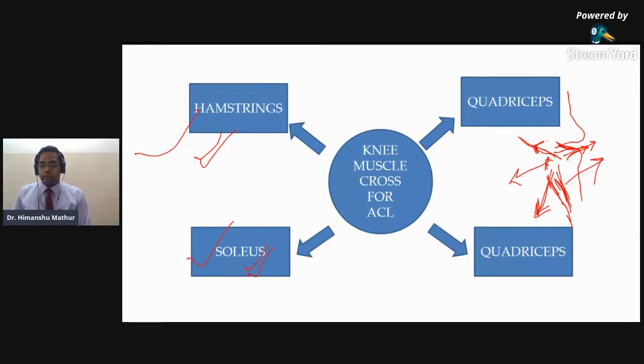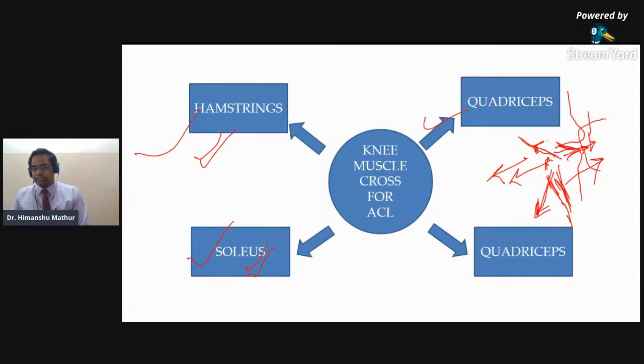Similarly, when I talk about the opposing force, the muscle that corresponds to the function of the posterior cruciate ligament is your quadriceps, because the posterior cruciate ligament prevents the posterior pull, and the posterior pull is somewhat prevented by the action of the quadriceps also.